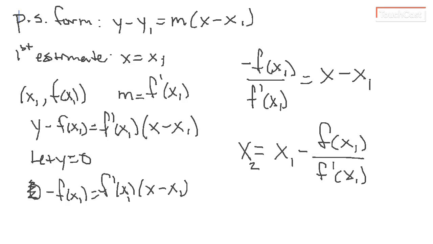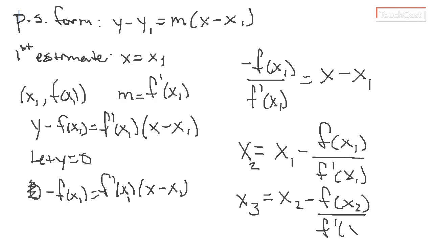We can repeat the process by now replacing, in fact, our new approximation would make this x2. To continue the process, we can go through everything again, but we're going to replace all the x1s with x2s. So what we'll see is that x3 is equal to x2 minus f of x2 over the first derivative at x2.